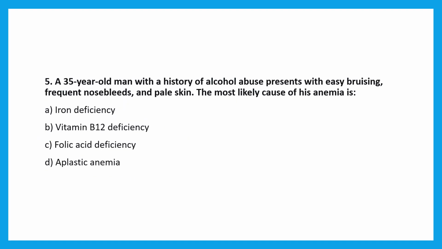Question number 5. A 35-year-old man with a history of alcohol abuse presents with easy bruising, frequent nosebleeds, and pale skin. The most likely cause of this anemia is what? A. Iron deficiency, B. Vitamin B12 deficiency, C. Folic acid deficiency, D. Aplastic anemia.